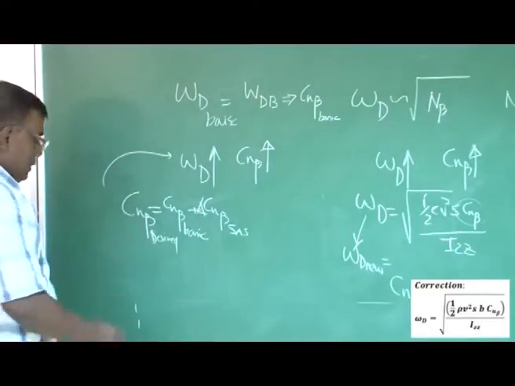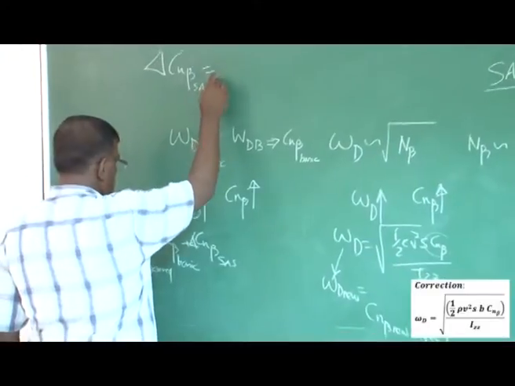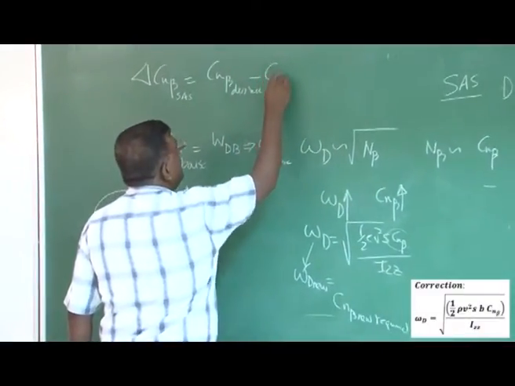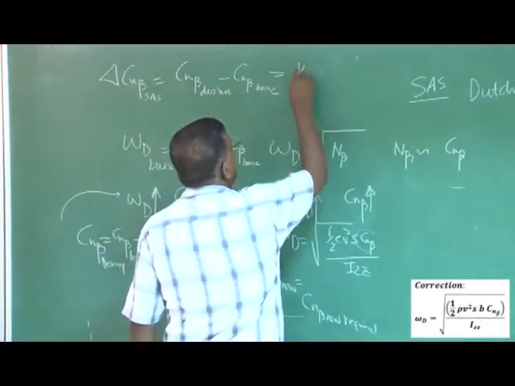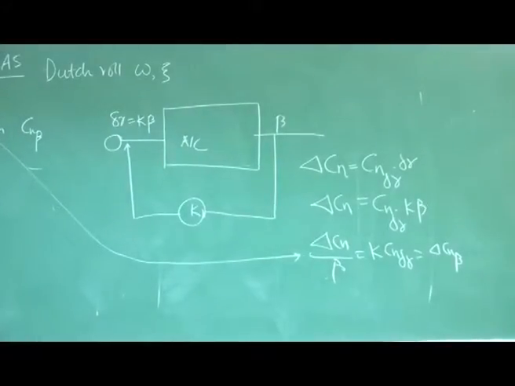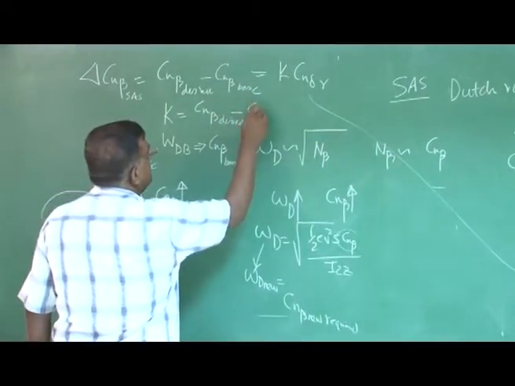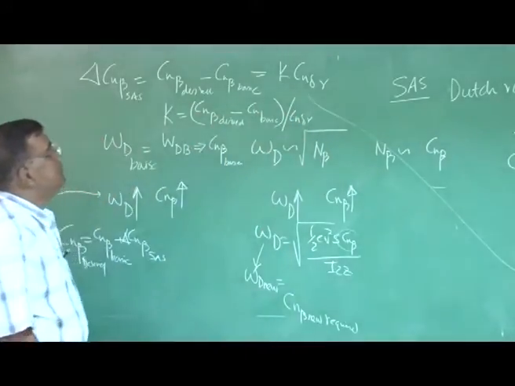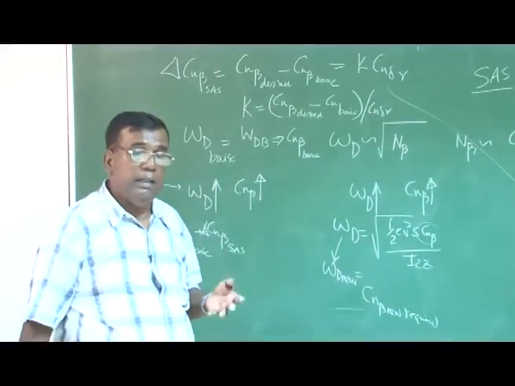So now I know that delta Cn beta SAS should be equal to Cn beta desired minus Cn beta basic, and this is equal to k Cn delta R. So I can easily find that k is Cn beta desired minus Cn beta basic, divided by Cn delta R. So I know what value of k is required, but always remember, if k is too high, it may make the system unstable.